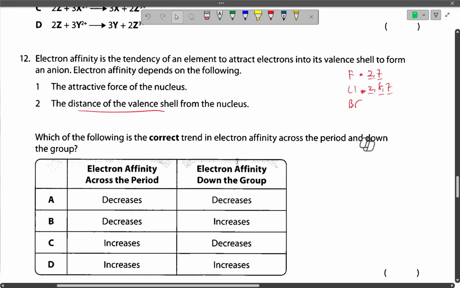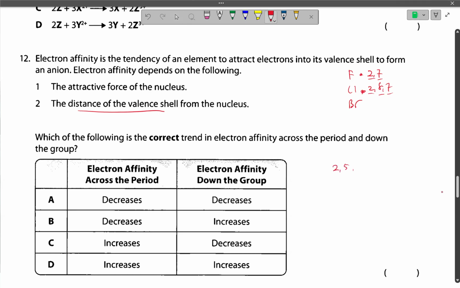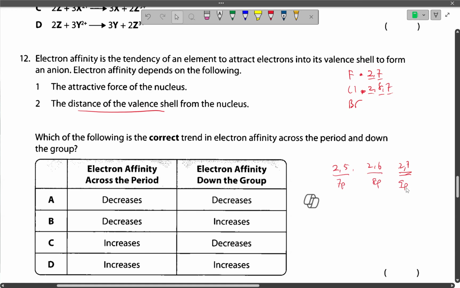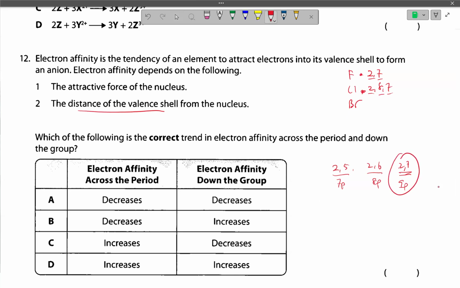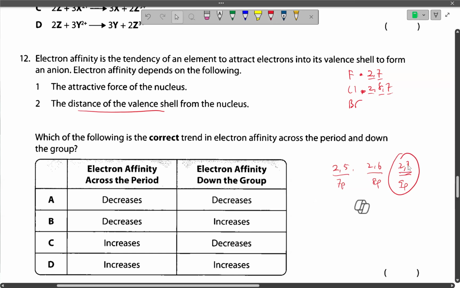And of course, attractive force wise, if you look across the period, 2, 5, 2, 6, 2, 7, obviously the nuclear charge is largest for fluorine because there are 9 protons. This is 8 protons. This is 7 protons. So 9 protons will definitely attract the electron into its valence shell more easily than 8 or 7 protons. So across period 2, fluorine is the most reactive, with the highest electron affinity.